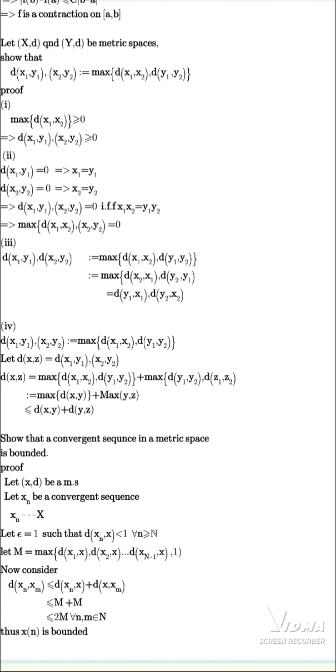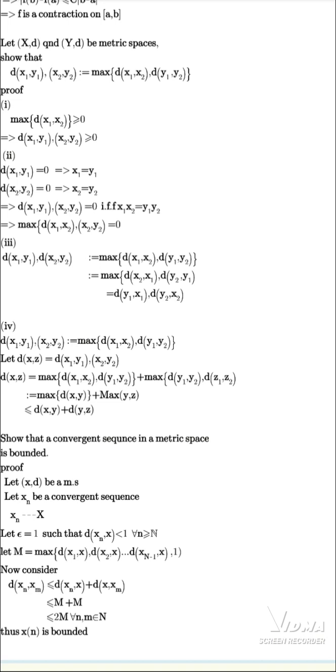So let X be a metric space and x_n be a convergent sequence. We already discussed this, that x_n is a convergent sequence. So if x_n maps to x and we let epsilon be equal to 1, because we are told that for every epsilon greater than 0, it is mandatory for us to equate epsilon to a number greater than 0, so we are equating it to 1.